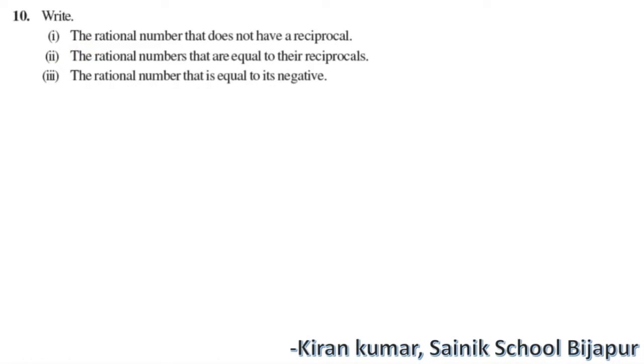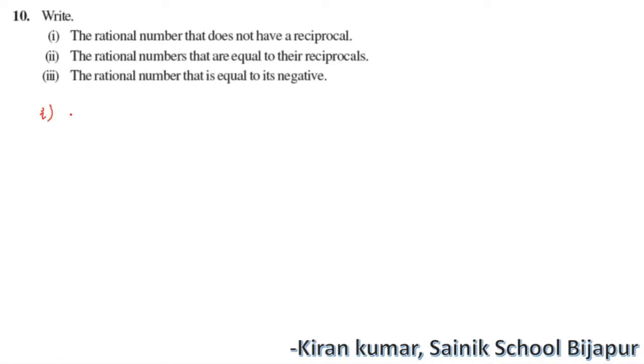Question number 10. Write first one, the rational number that does not have a reciprocal. The rational number that doesn't have a reciprocal is 0, because 0 is the same as 0 by 1. The reciprocal of 0 is 1 by 0, which is not defined.